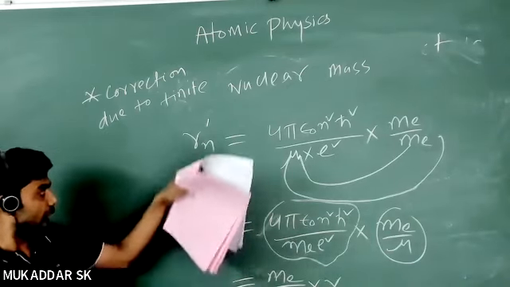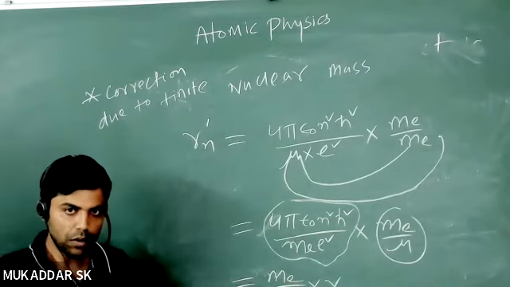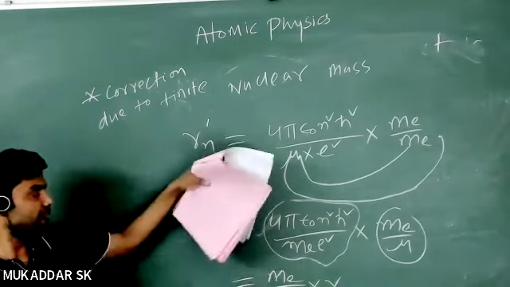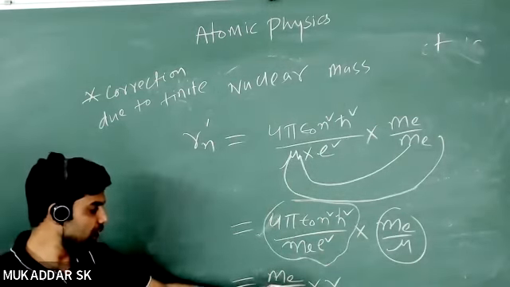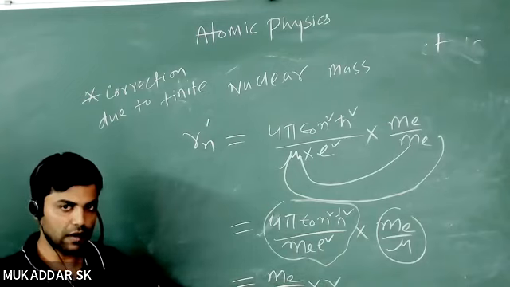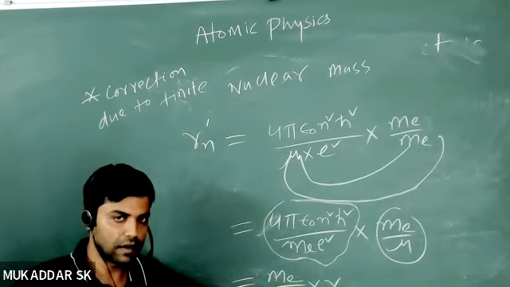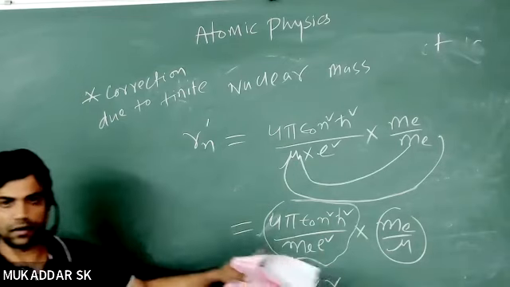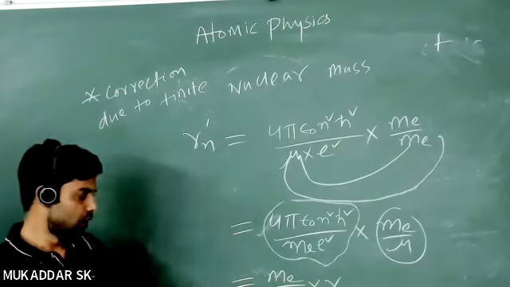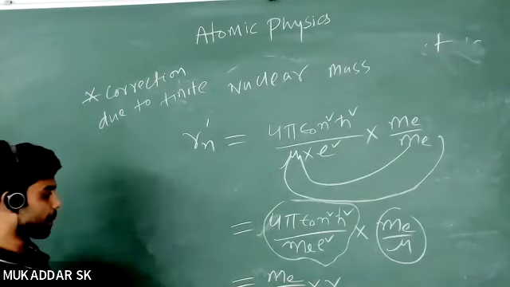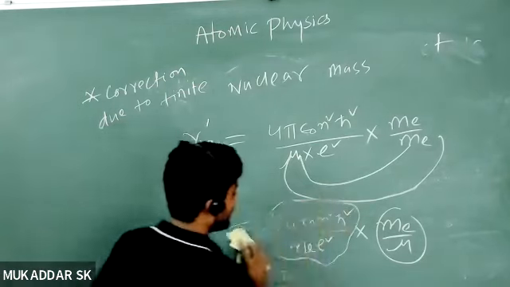So Rn dash is nothing but me divided by mu into Rn. So Rn dash, due to the finite mass of the nucleus, will be nothing but mass of electron divided by reduced mass of the system into the radius of the nth orbit of hydrogen atom that Bohr has derived. Okay, did you get what I'm saying? Any doubt in the class?